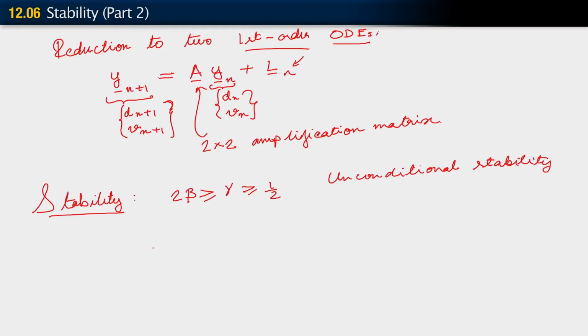If, on the other hand, gamma is greater than or equal to half, and beta lies between 0 and gamma over 2, these conditions together give us conditional stability.